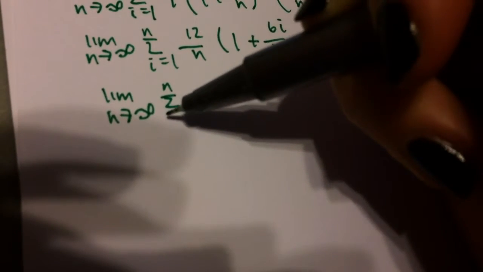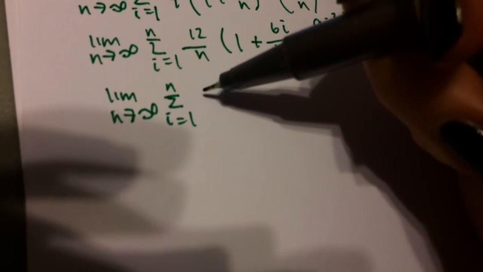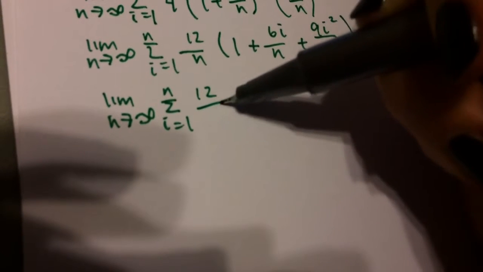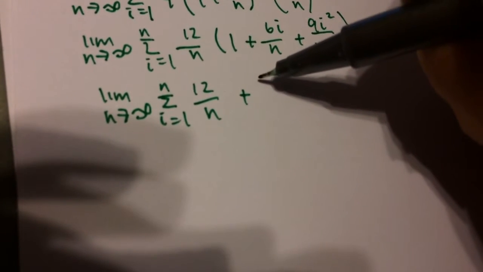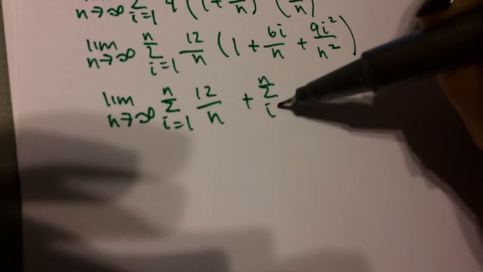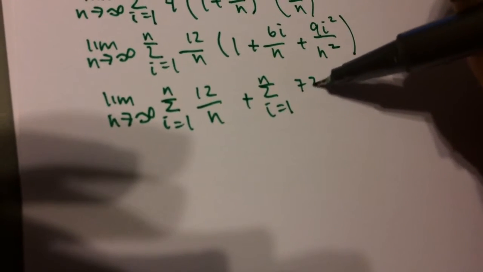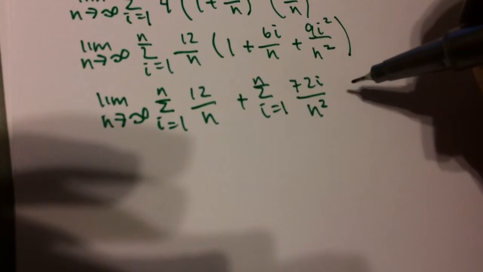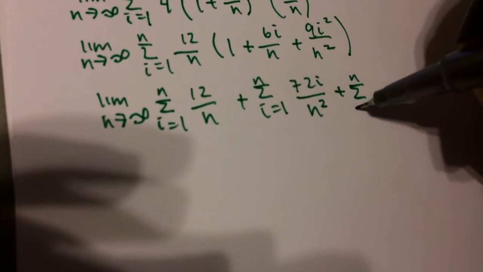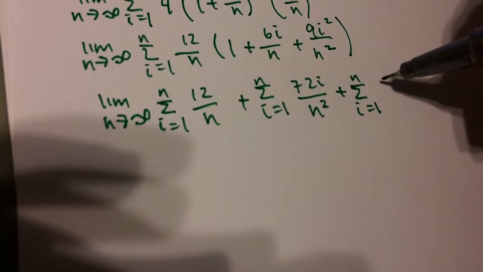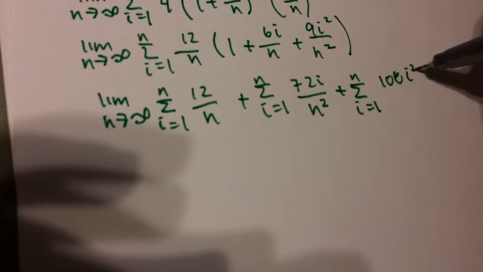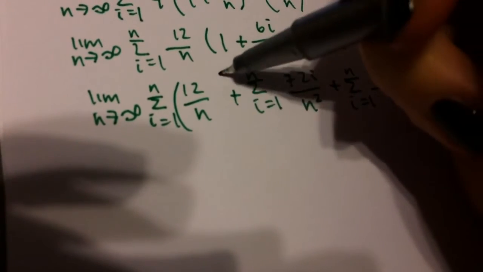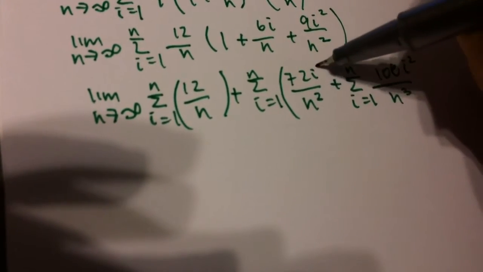It's the sum from i equals 1 to n of, and then I separated while I distributed, so it would be like this: 12 over n squared plus the sum from i equals 1 to n of 108i squared over n cubed. Let me just add in parentheses to make that easier to see.